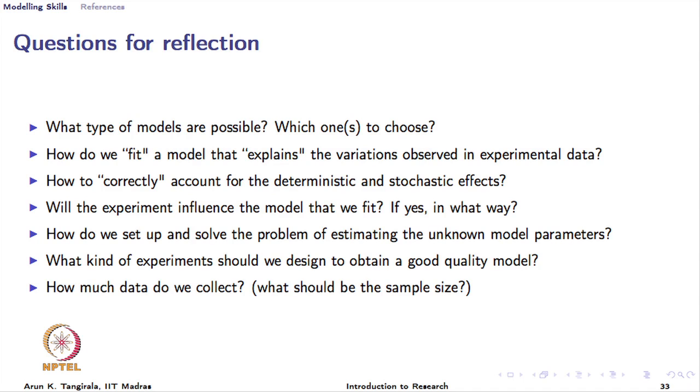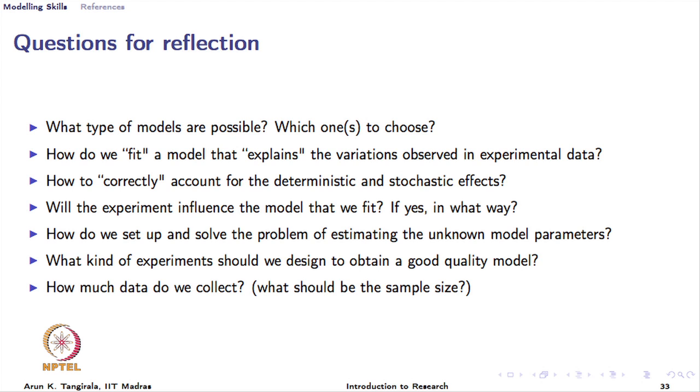And what kind of experiment should we design? As I said, we should perform experiments taking into account all the factors, suppressing the sources of disturbances as much as possible, choosing a nice instrumentation which limits the noise levels and so on.